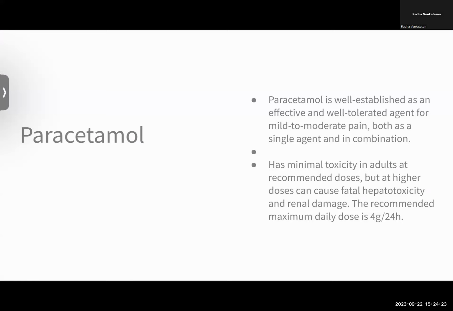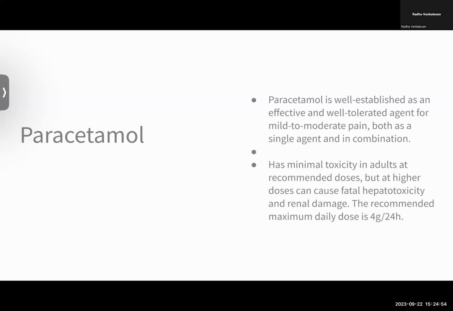It is antipyretic and analgesic, but not anti-inflammatory. That is what you have to understand. It can be used separately or in combination, but either way you should be aware of a few things which we'll see next.